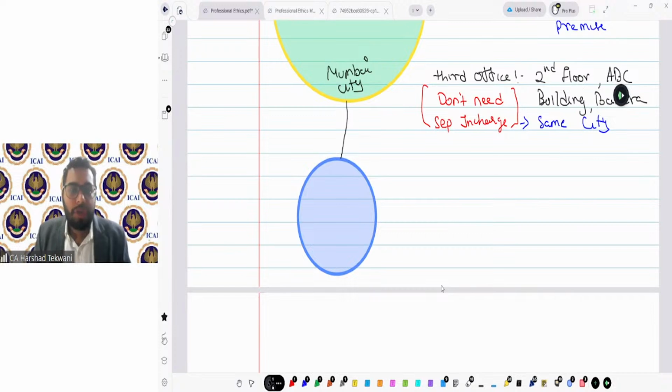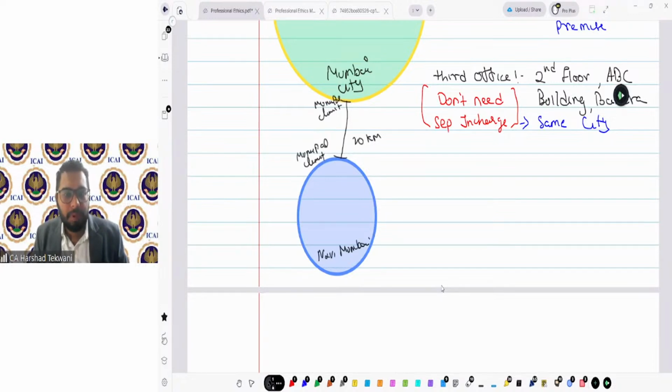Let's say, for example, this is 20 kilometers. These are the municipal limits. Let's say this is Navi Mumbai. I want an office in Navi Mumbai. That is the fourth office.